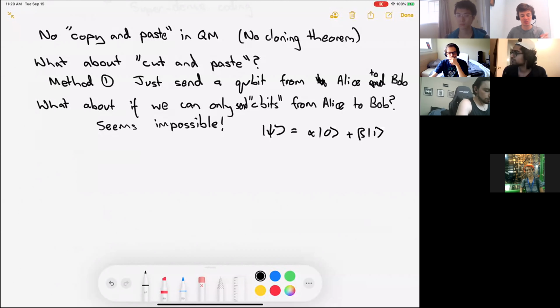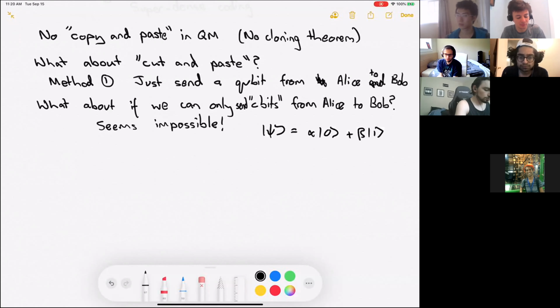But what we want is some quantum algorithm where we have this physical quantum state in some state psi, but we don't know what it is. And by doing measurements or applying unitaries to it, applying some quantum circuit, and then sending some classical information to Bob, he's going to be able to end up with the state psi. That's the thing that seems like it should just be impossible. Is that clear? Yes, thank you.